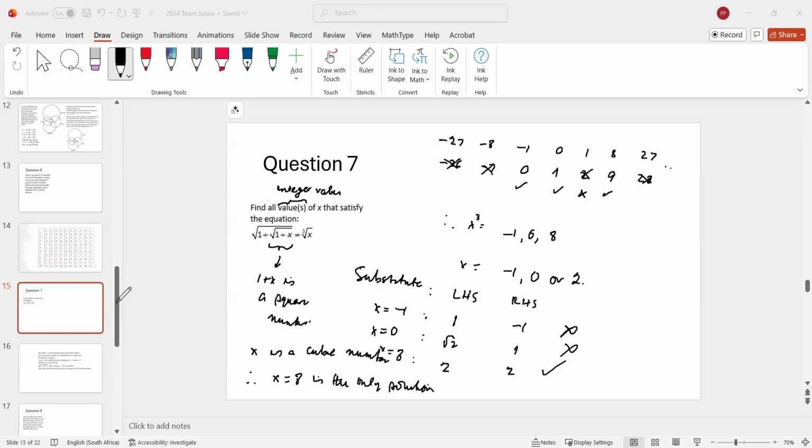You can say x equals 8 is a solution, but to show it's the only solution is not that obvious.